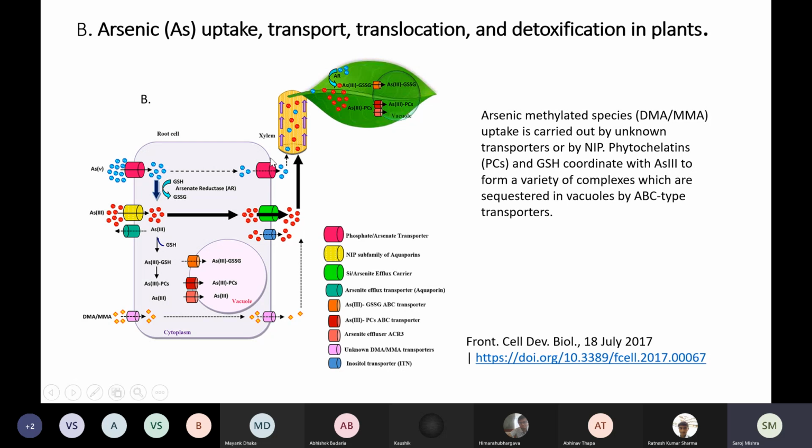What you see here as a xylem vessel is a vertical vessel which functions in this particular direction. Through that vessel, once either the pentavalent or the trivalent form of arsenic moves into the xylem, it can be transported, and eventually it gets distributed into leaves and other parts of the plant. So is this clear to everybody as to what is happening here?